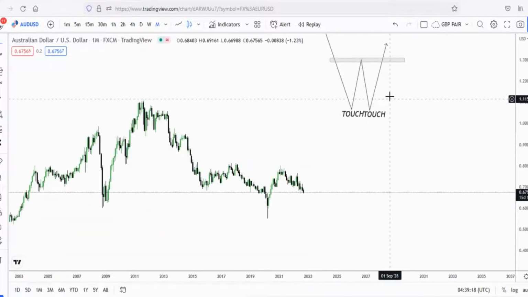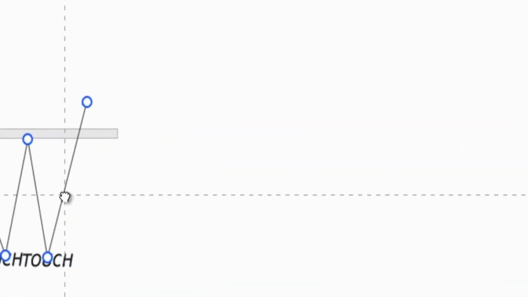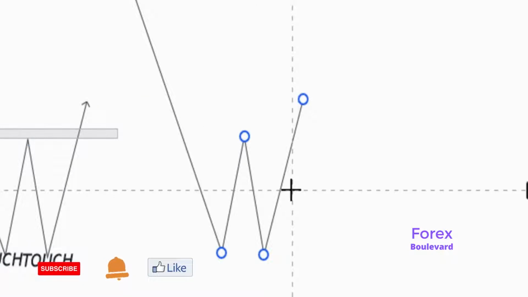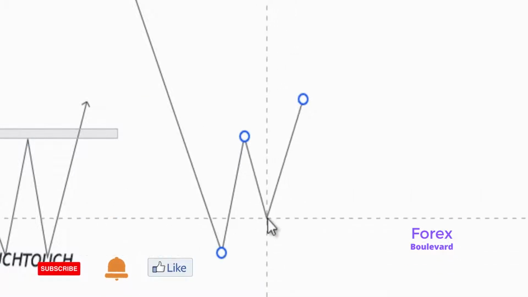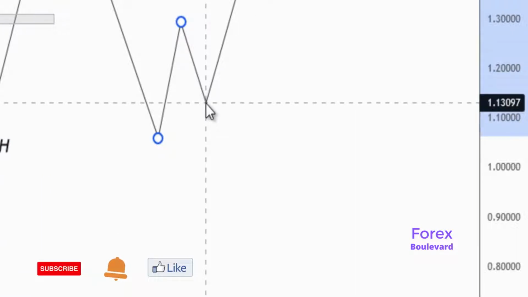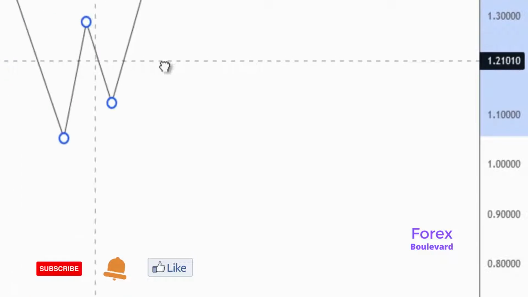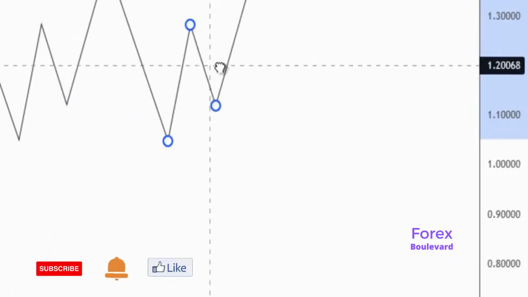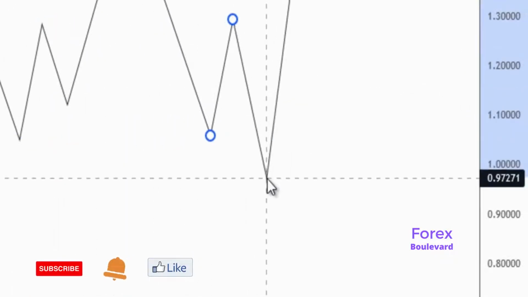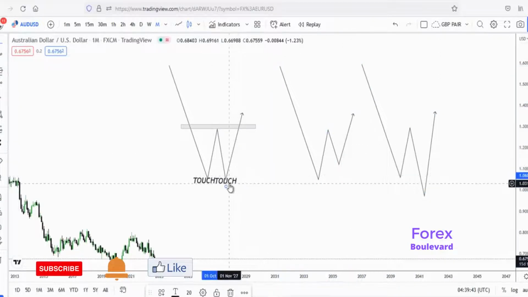Even in this formation, we usually have things like this. We have a double top, a double bottom with a lower touch, with a higher touch, and then we also have double bottoms with a lower touch, double bottoms with a higher touch.